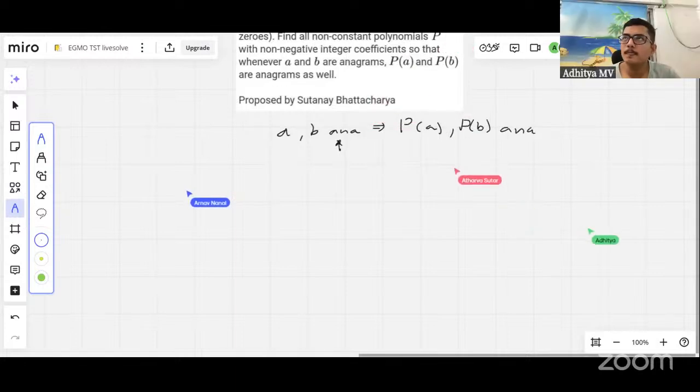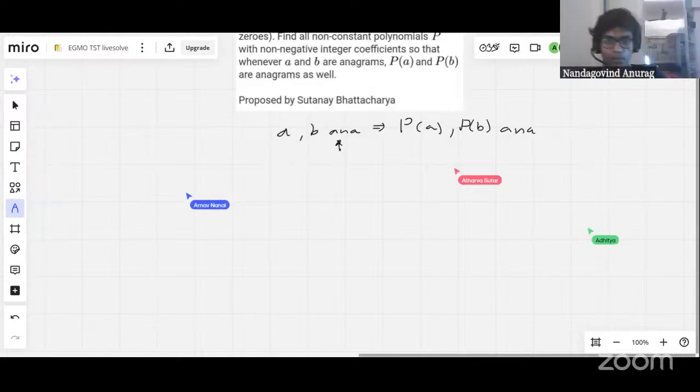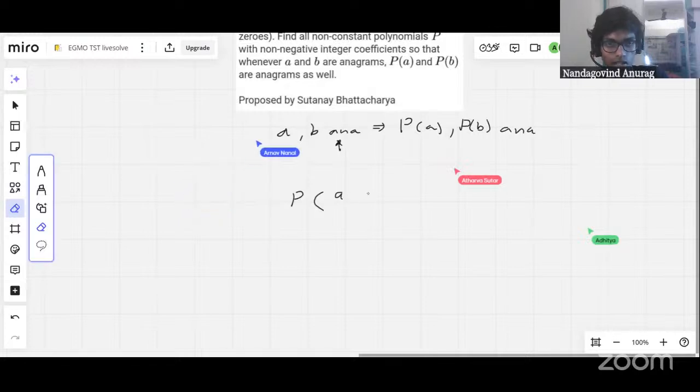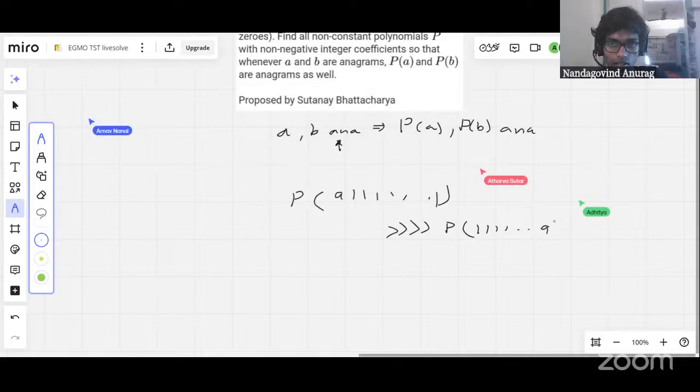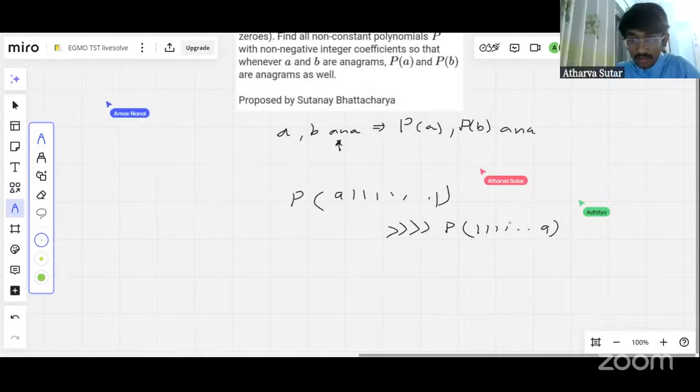So P of 9 1 1 1 1 1 1 1 1 is going to be far greater than P of 1 1 1 1 1 1 9. So P of X has to be linear.